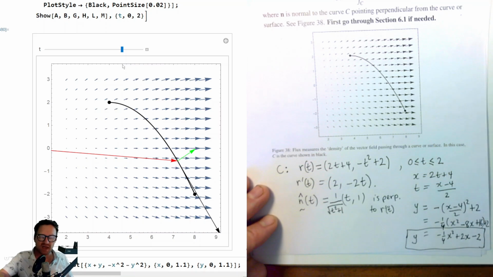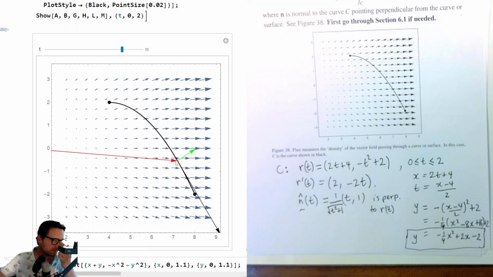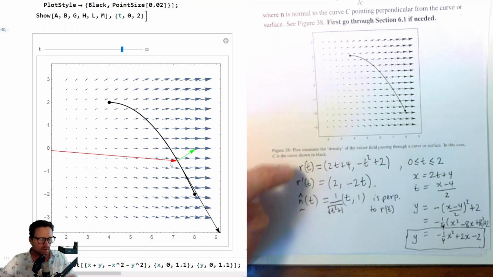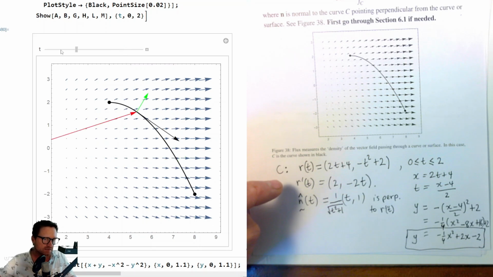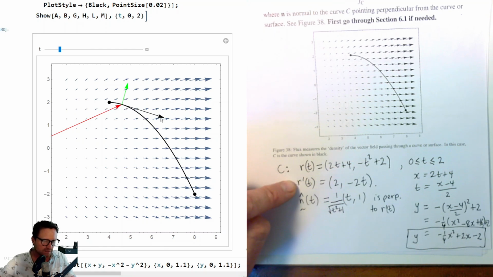All right, so let's go back to this diagram on the left of my screen, I guess on your screen too. So remember, the red one is the vector r, so this one. The black one down here, this black arrow, probably want to take the t value down so that you can see this a little better. So the black arrow here is r dash. In this case, it depends on t, you see.